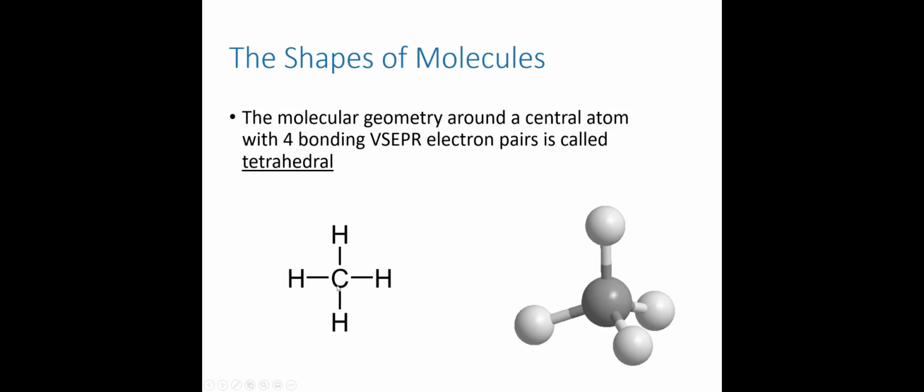And that's often how we draw it on paper. However, I think you can clearly see here that this angle is greater than 90 degrees. This is 109.5 degrees. And that's because it's not a flat molecule. It's a three-dimensional molecule. So this is a tetrahedral shape or molecular geometry.